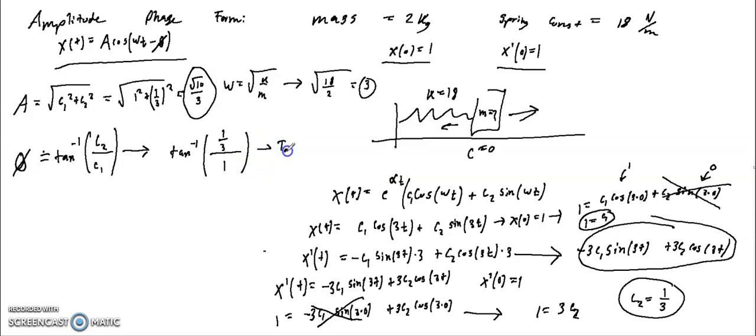So the tangent inverse of 1/3 equals, let me get my calculator, it's going to equal 0.32175, roughly. And that's in radians. And we do write phi in radians.